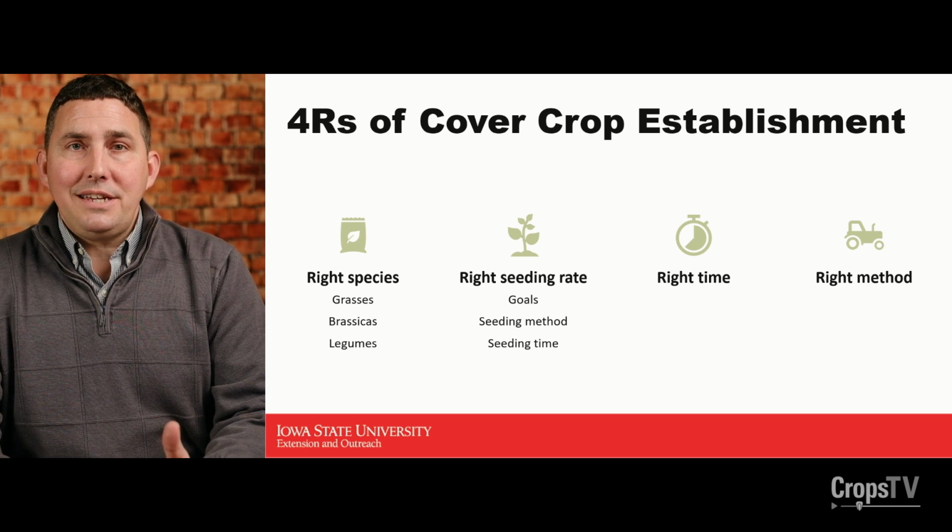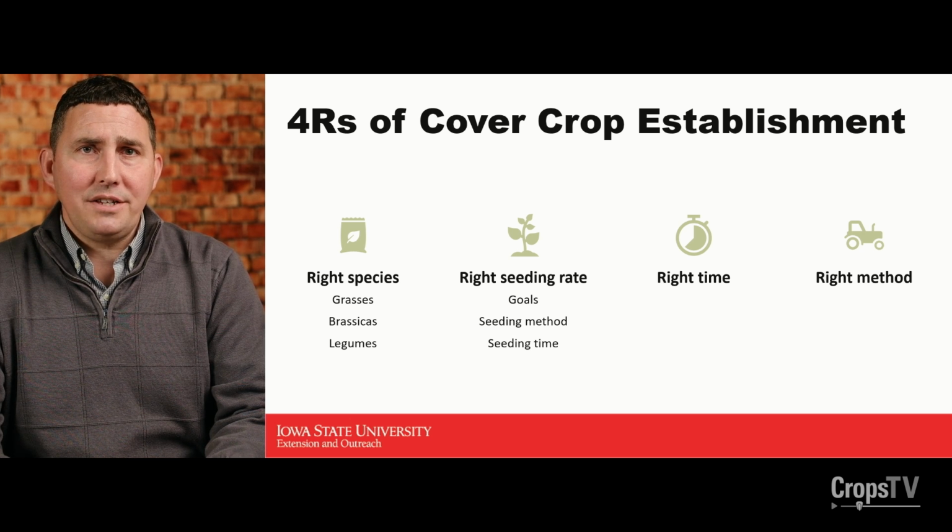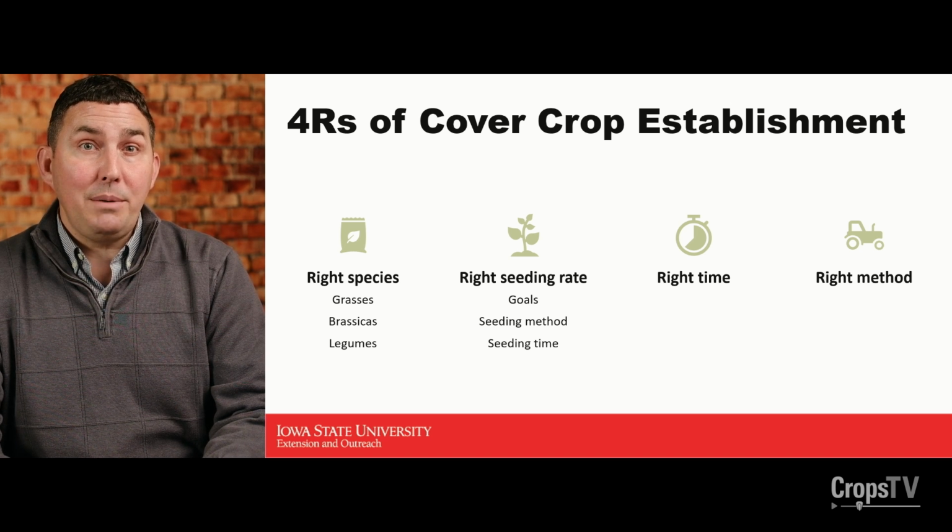As far as the right seeding rates, again, this comes back to the goals. We know that if you're trying to get a lot of biomass for weed suppression, you probably need to increase your seeding rates. And so for a winter rye, for a winter wheat, you may need to be looking at maybe even upwards of 100 pounds per acre.